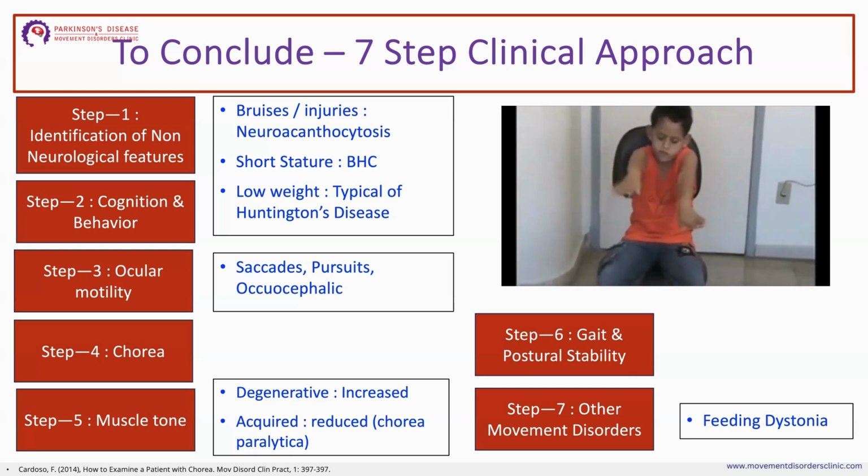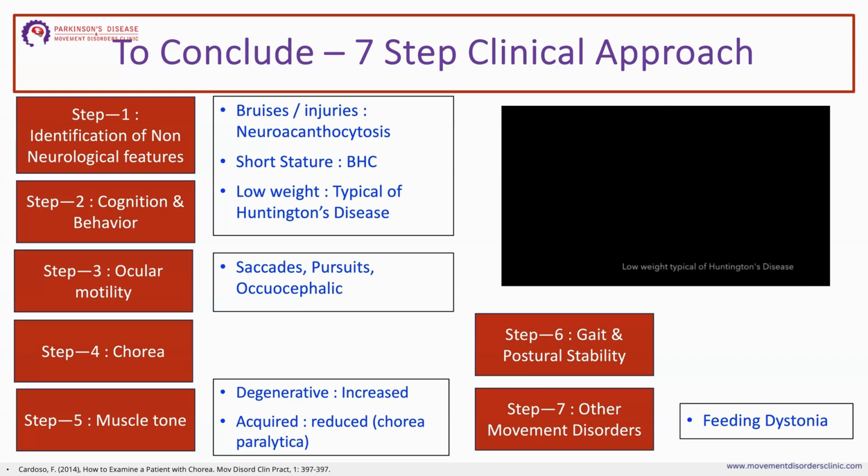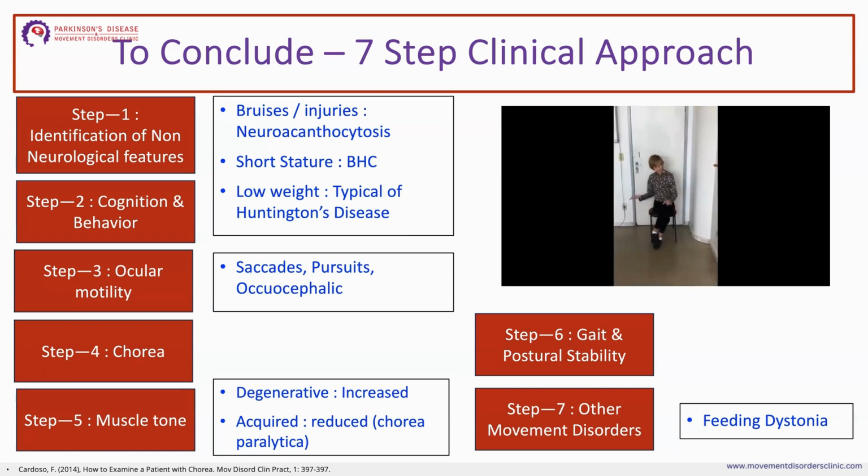What has happened to the chorea over a period of time? Associated muscle tone: in degenerative disorders it may be increased, or it is reduced in acquired ones, like when people someday are not able to move, we call it chorea paralytica. Then we can look into gait and balance. Are there any ataxic features, or any spastic signs?